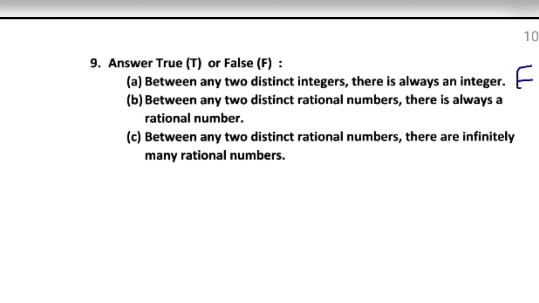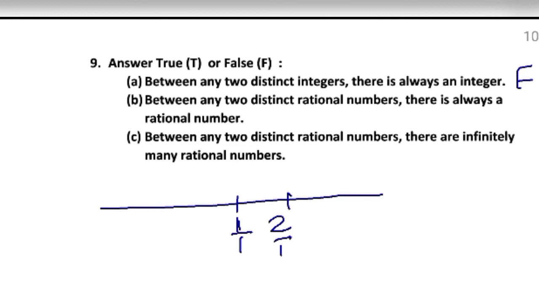Next, B part, between any two distinct rational numbers, there is always a rational number. Sure. If we talk about 1 and 2, same numbers, these are rational numbers because we can write them in the form of P upon Q. And as I said, we can have so many rational numbers between two rational numbers.